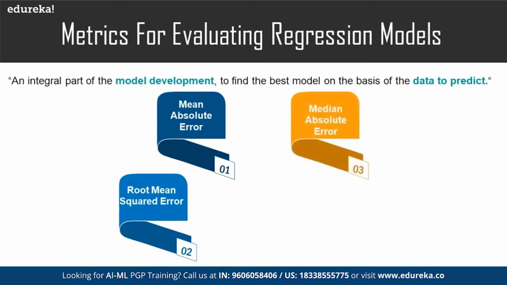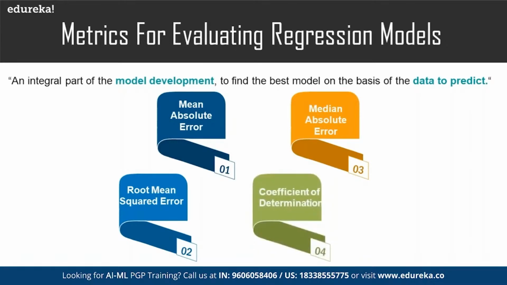So again, RMSE is such an important one. Median absolute error is also important, but we don't usually use it as frequently as RMSE and MAE. And the coefficient of determination, otherwise called R squared, is also used very much, but let me go ahead and talk about RMSE, because that is being predominantly used in the industries. Let's see what it is.